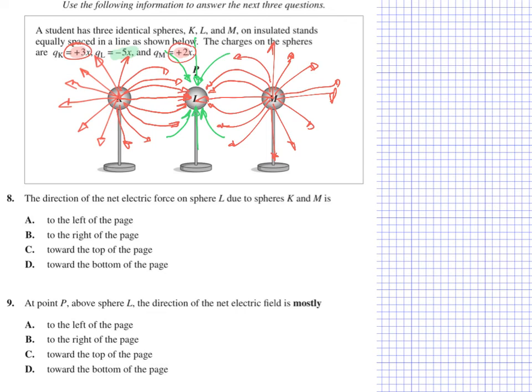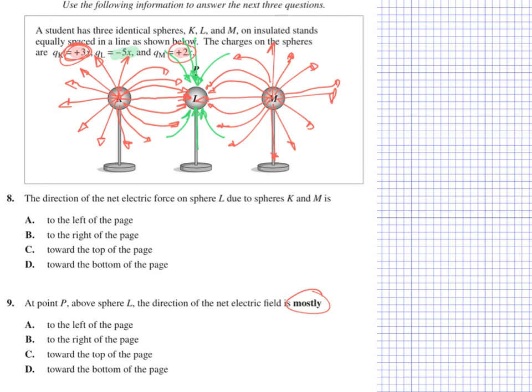So if I was being really good at this, I would draw more of them, or bigger arrows to represent this greater charge. But that's why this wording is sort of loose. It's saying mostly, because these field lines are more dense, they have a greater flux, we would expect there to be just a tiny bit more of a curve towards the stronger field lines, but it would be pretty mild.